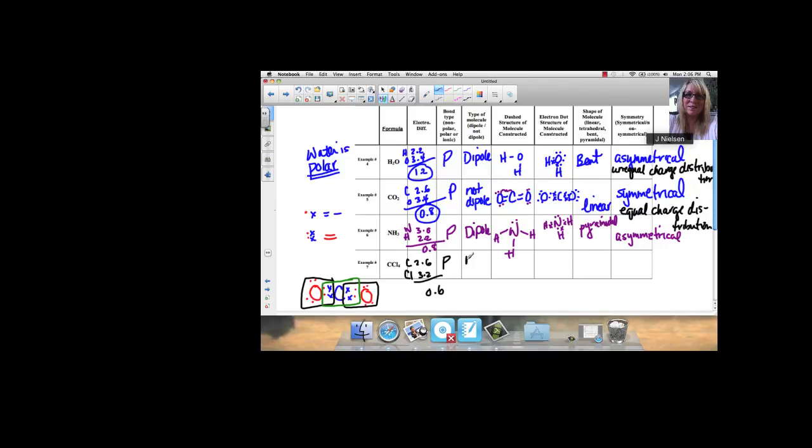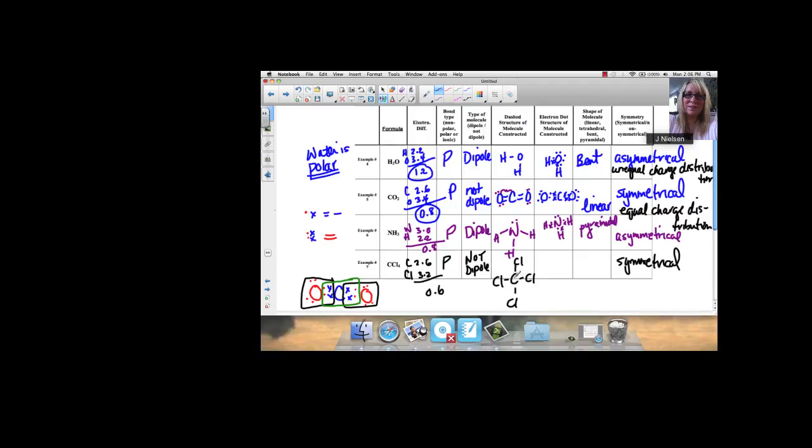The overall molecule is not a dipole. And the reason being is because it is symmetrical in shape. Cl, Cl, Cl, Cl. So this is symmetrical, which means it's got equal charge distribution.